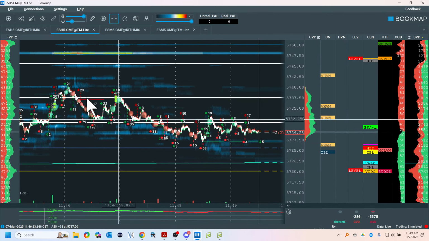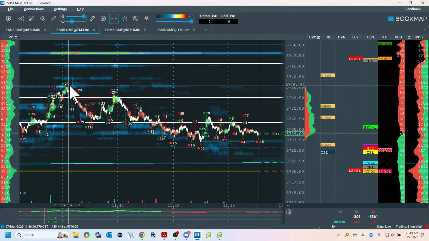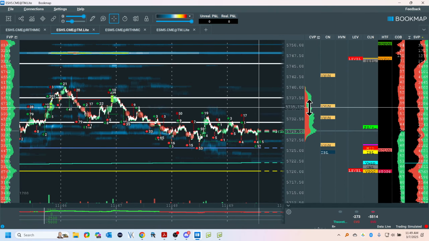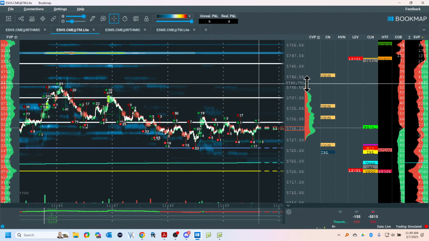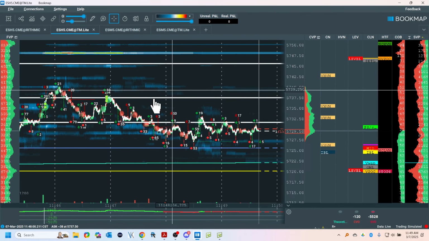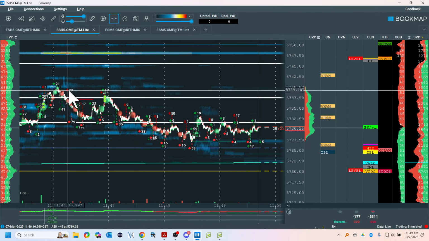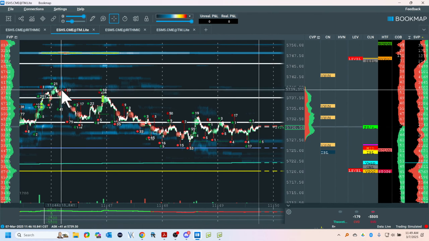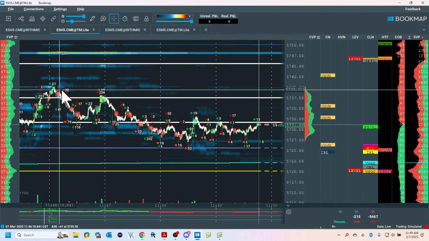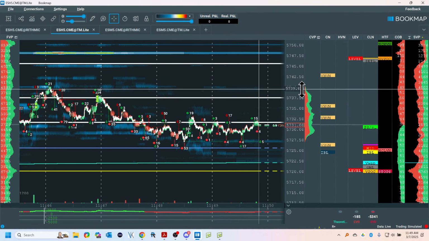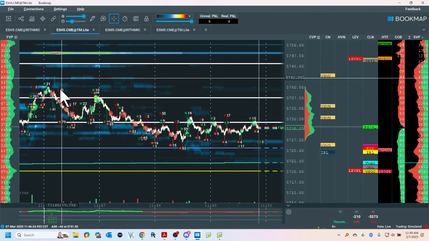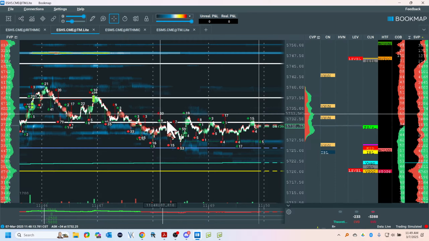So if I find a price where the volume dries up, think of it in the store. If you need a can of tuna for your casserole tonight, and it's $3 a can down the street, there's going to be some buyers of the tuna at $3, but not a lot of volume. If I run out of buyers, the market then is going to potentially rotate to find buyers.